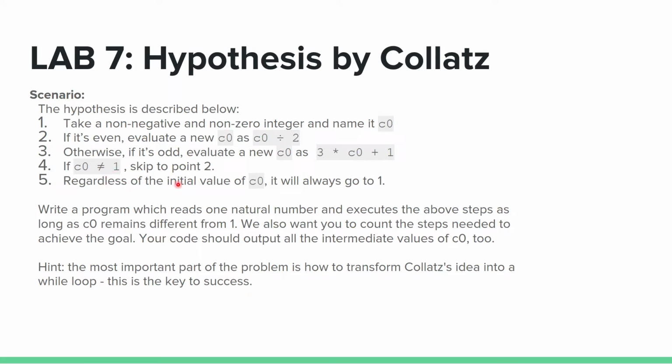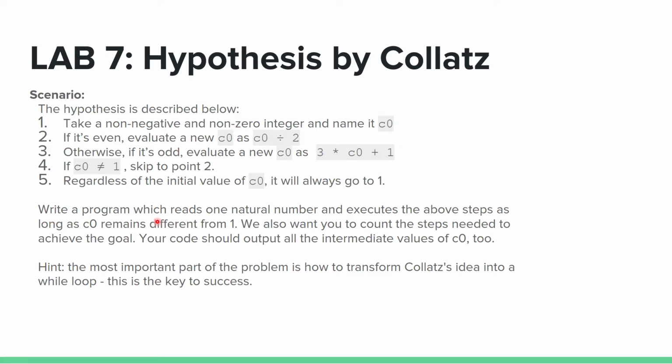Now, regardless of the initial value of CO, it will always go to 1. Meaning that our end value should always end at 1, regardless of whatever initial value we've started with. Remember, our initial value is a non-negative number, definitely a positive number greater than 0.